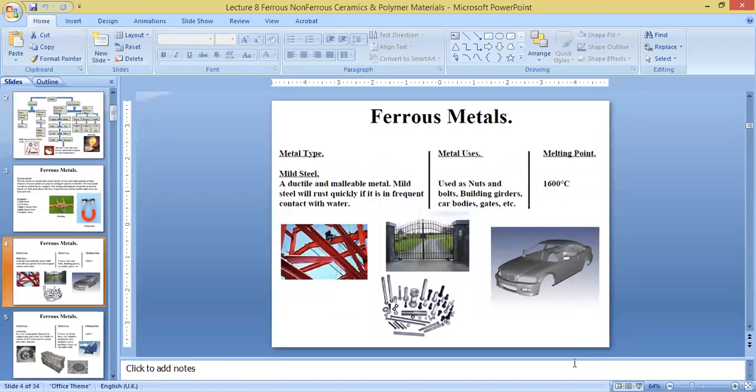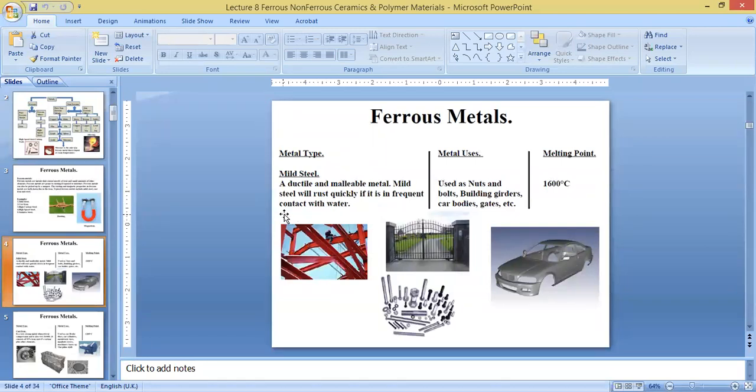Concrete, cement and steel are the two very important materials that we have discovered in our civilization, and we use them everywhere. We use them for bridges, skyscrapers, gates, screws, motor vehicle bodies. A lot of ferrous metals are used.